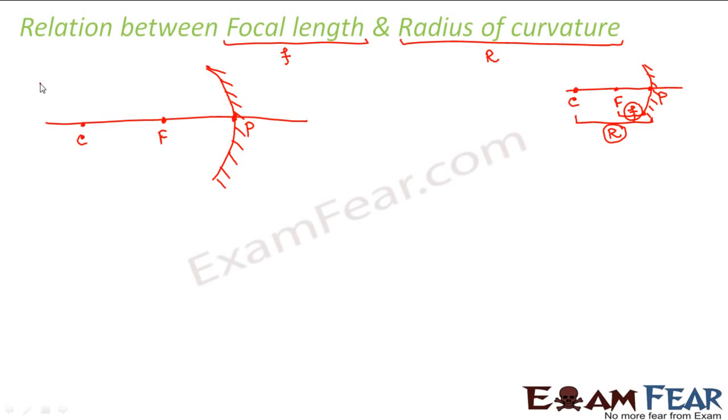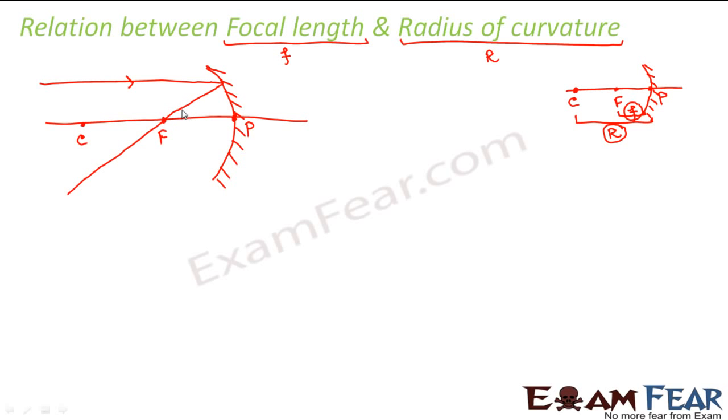Let us suppose there is a ray of light which is incident on the mirror parallel to the principal axis. What happens after reflection? It passes through the principal focus, because we saw in our previous slides that the rays of light which were parallel to the principal axis, when they fall on the mirror, after reflection they all meet at the principal focus. So this ray of light, parallel to the principal axis, gets reflected and passes through the principal focus, right?